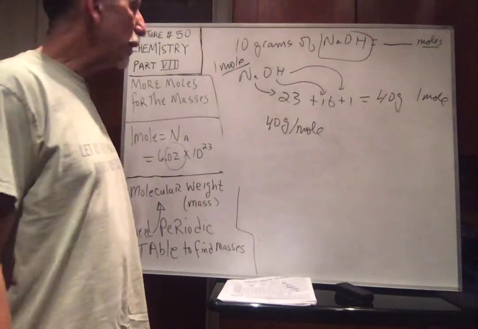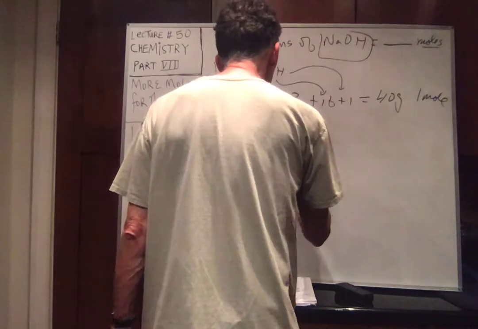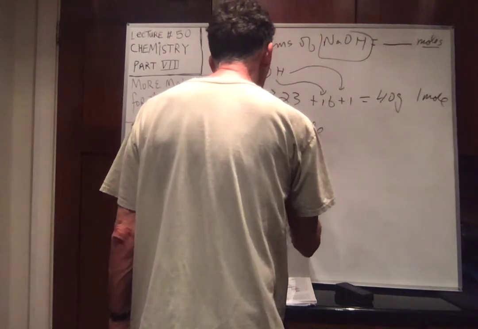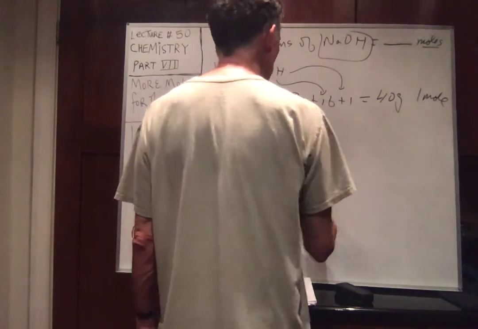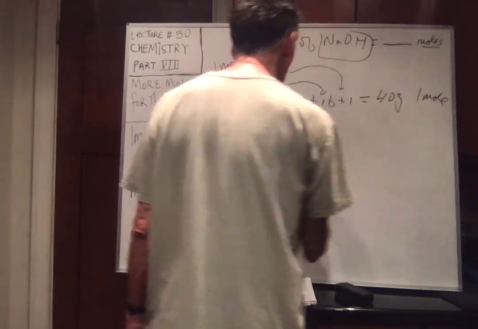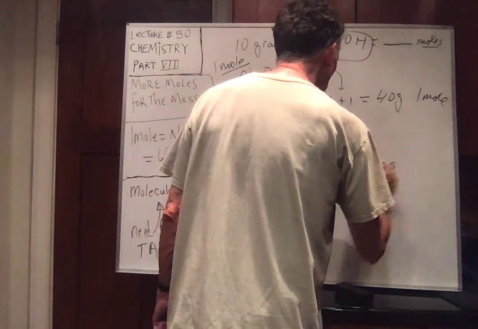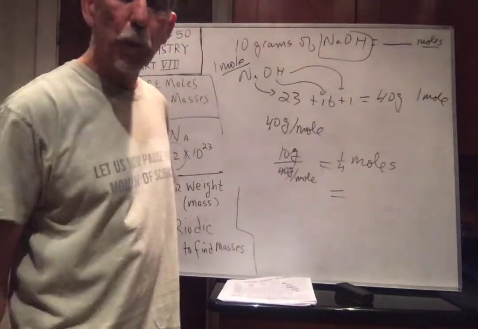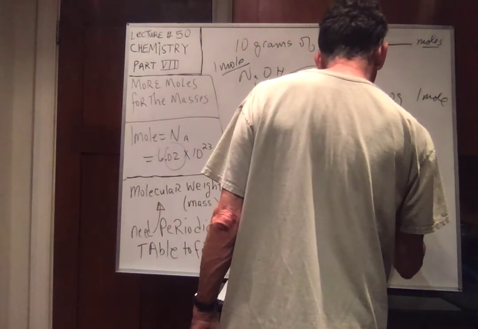So 10 grams is how many moles? Right? So we have 10 grams divided by 40 grams per mole. And what's that equal to? Well, it's 1 over 4. The grams go out, and that's equal to moles. If you write a fraction, 1/4 we can write as 0.25 moles.